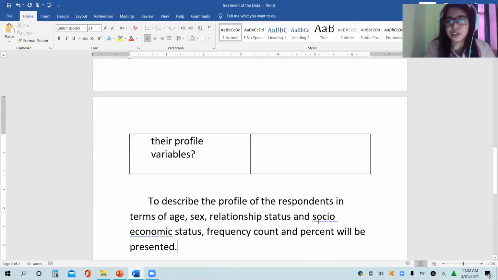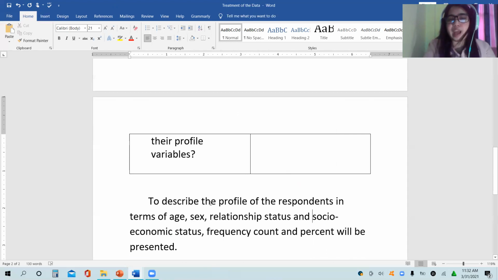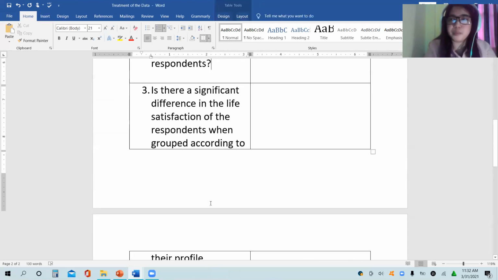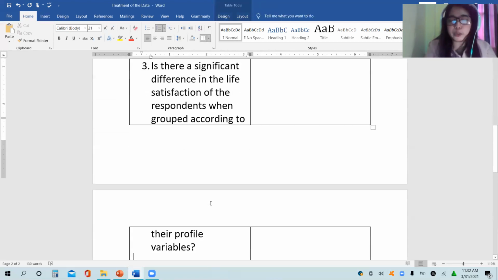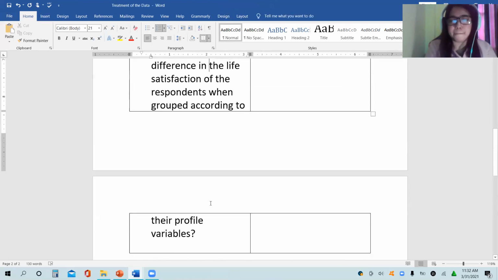So there's no need to place the mode or the median like that, because if you present the frequency count and percent, you are already presenting the mode. But it is also your option to place the median later after analyzing it, especially for ordinal data. Okay, let us do that.